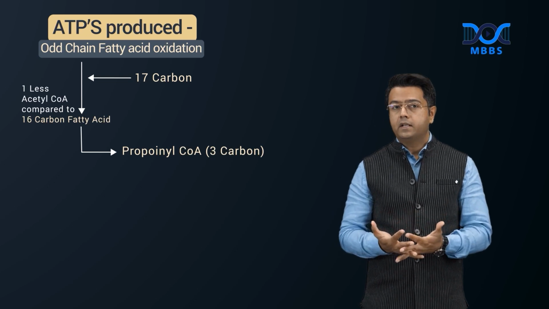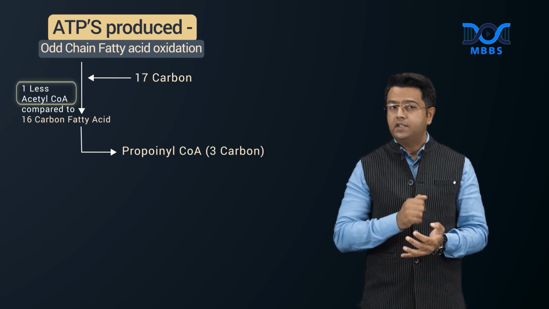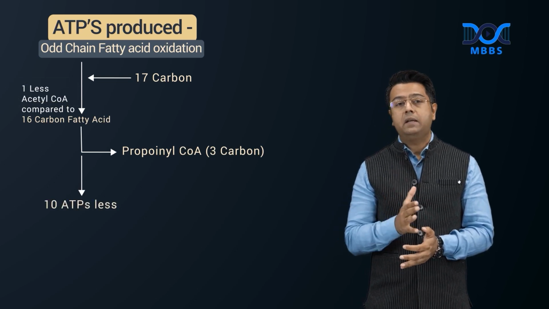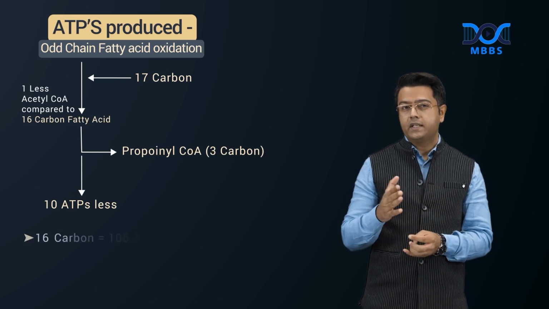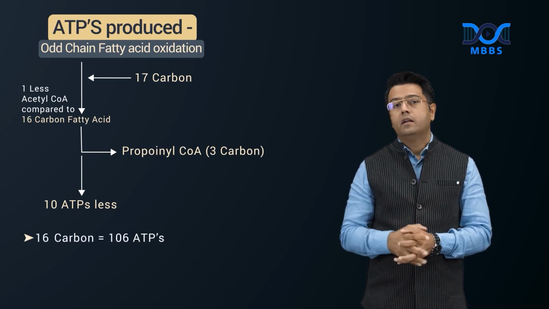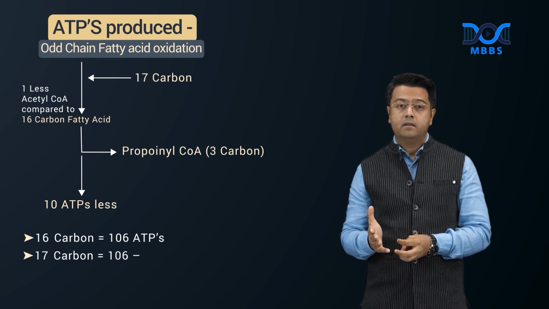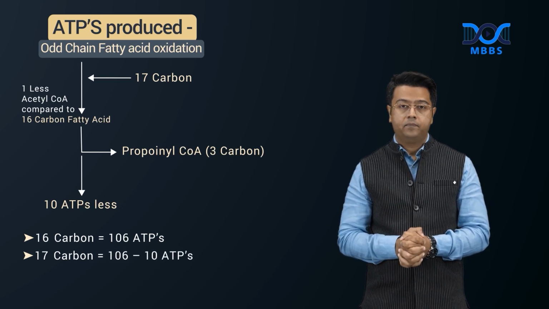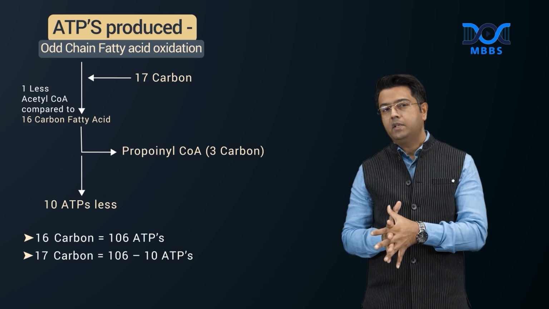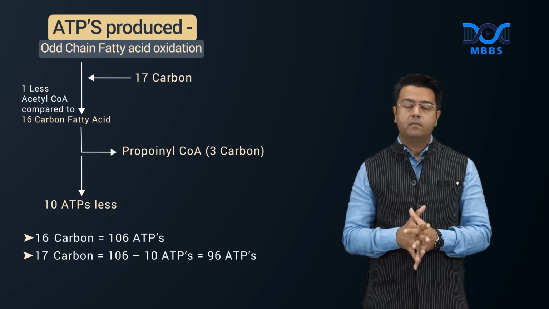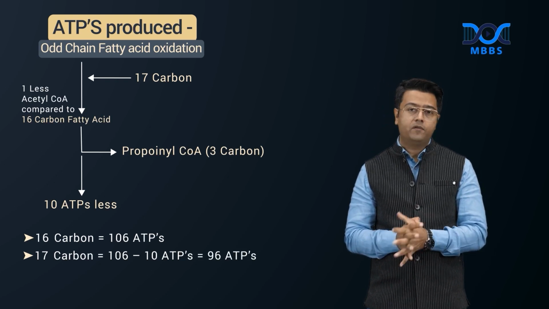So I will get one less acetyl-CoA, so 10 ATPs less. Suppose 16 gave me 106. Now the 17 carbon fatty acid will give me 106 minus that 10, so 10 ATPs will be less compared to the nearest even chain fatty acid, right?